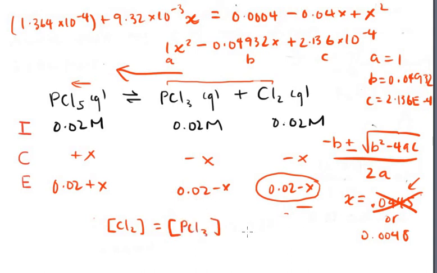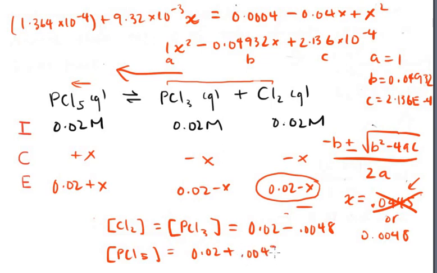Because of these equilibrium concentrations, and equals 0.02 minus 0.0048, and the concentration of PCl5 is equal to 0.02 plus 0.0048.